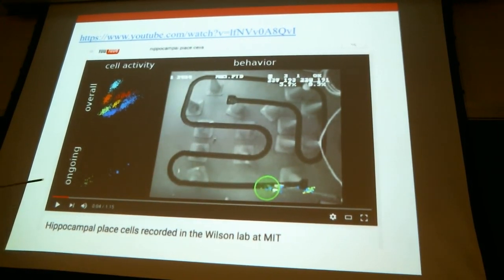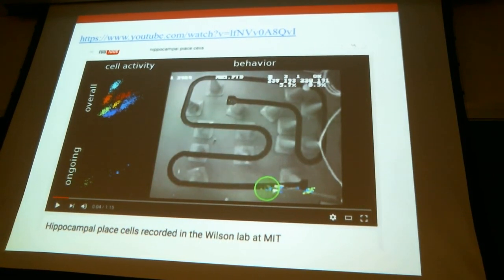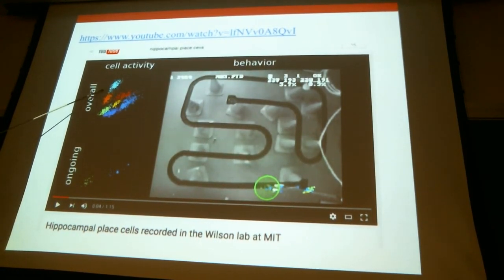So watch the colors. People can do this by an experimental procedure called spike sorting that we won't get into. But in the end, what you find is that these different neurons will respond to different positions. So let's take a look at that.